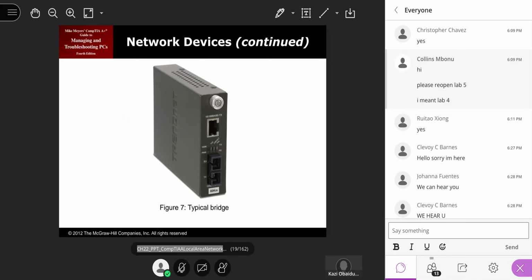Here the typical bridge looks like this. We are connected with the wireless here and the wire cable is here. So there are two networks, one wireless and one with cable. How do they interface, how do they communicate?